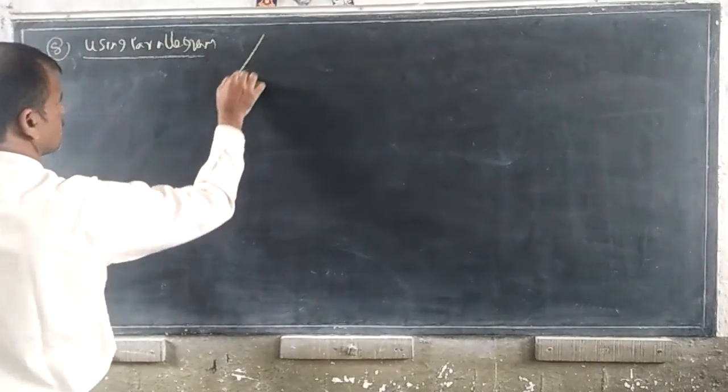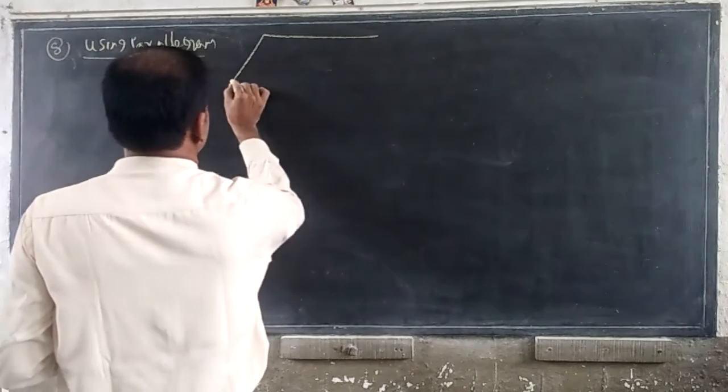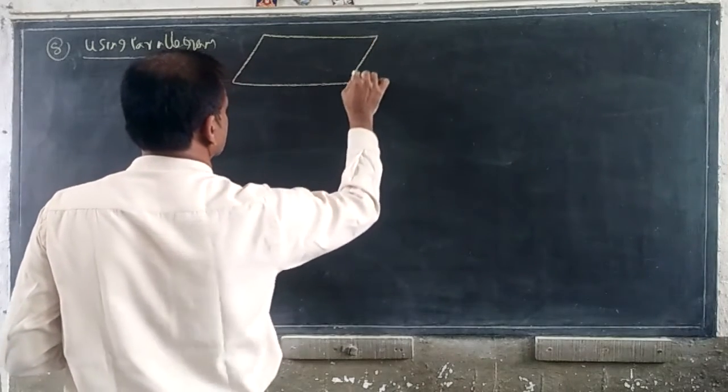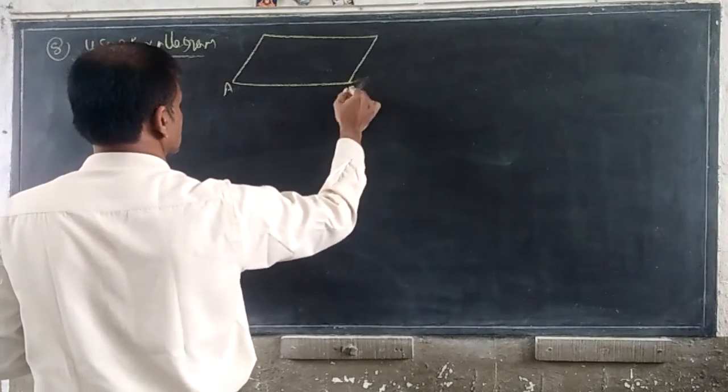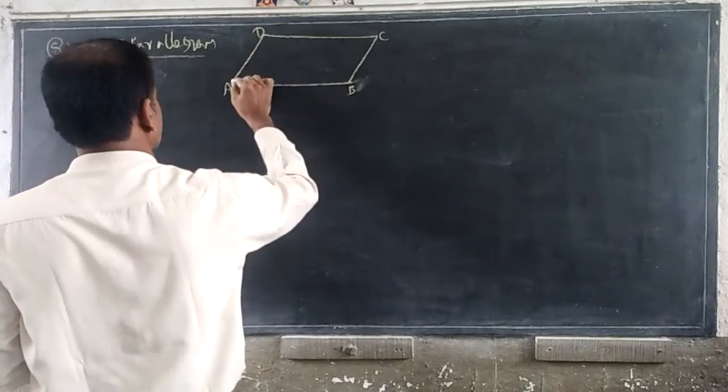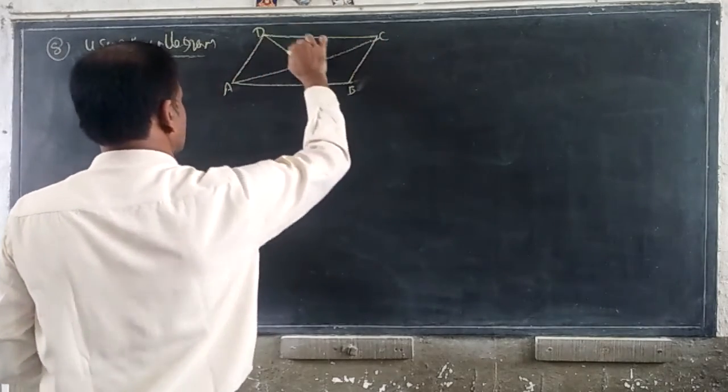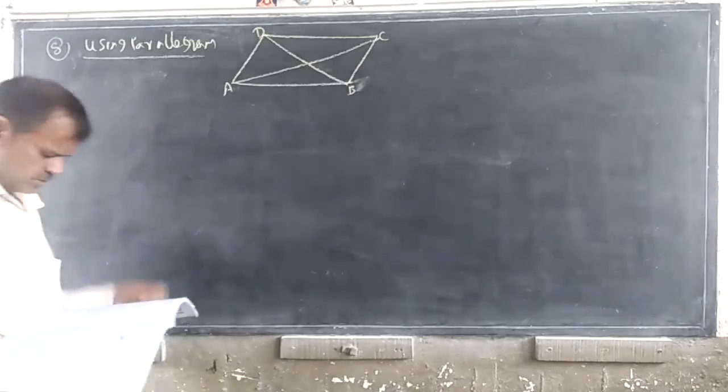Parallelogram. Draw a parallelogram. Put here the names ABCD. Draw the diagonals like this.